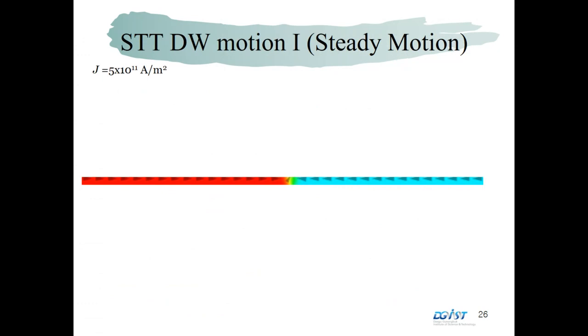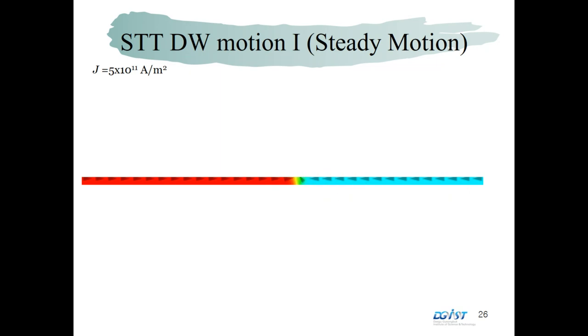Okay, so this is the simulation result. Can you see the motion of the domain wall here? This is a micromagnetic simulation. As you see here, the domain wall itself is moving in a very steady motion.